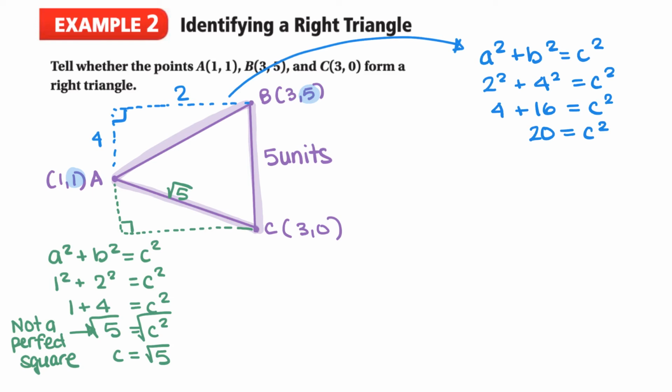So again, I can take the square root from both sides to get what c is equal to. Now c is equal to the square root of 20. I could write the decimal out, but again, it would be a lot more accurate to just leave it as the square root of 20. So we'll leave it at that. So this side here is the square root of 20.